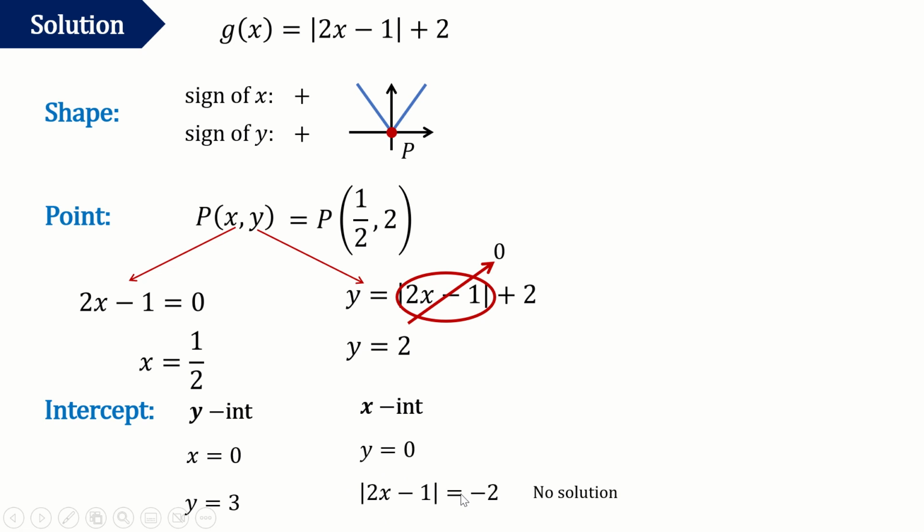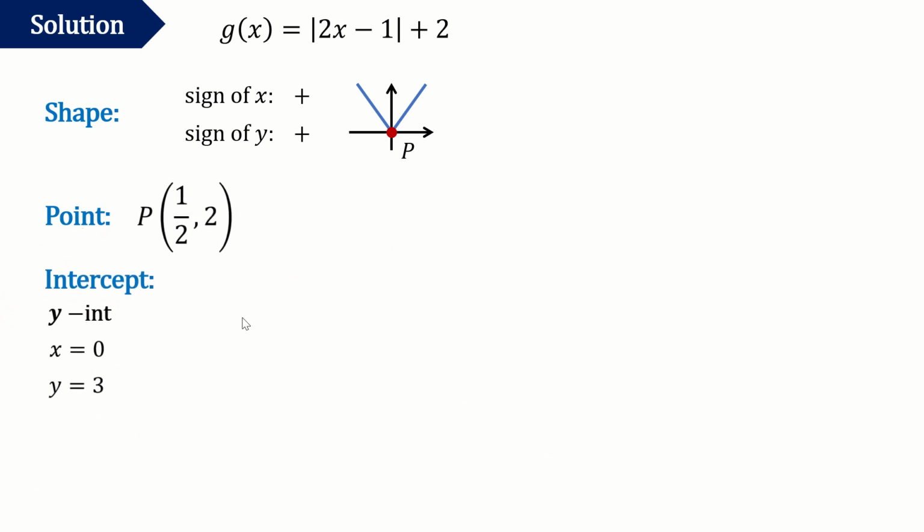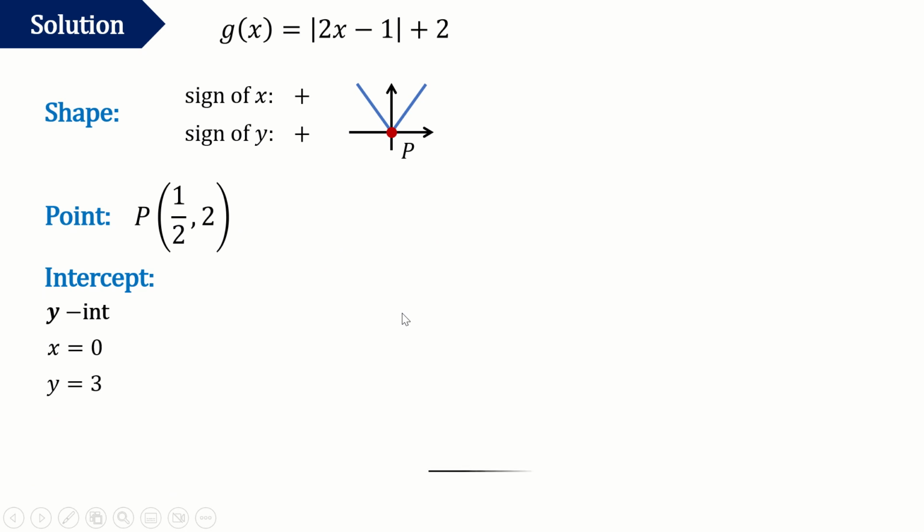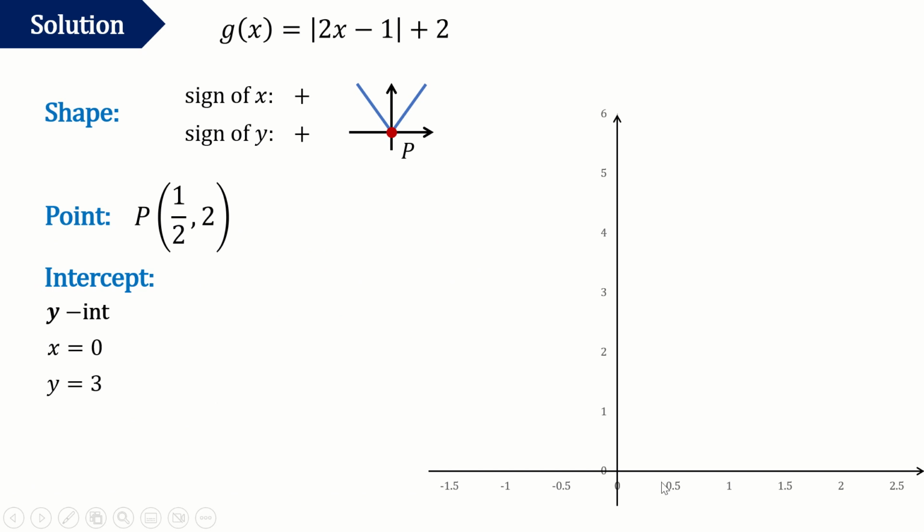Alright, so now we can sketch the graph. We sketch the point P first. We put the x and y axes, and then the point P at (0.5, 2). So this is the point P. Then we have the y-intercept at 3.